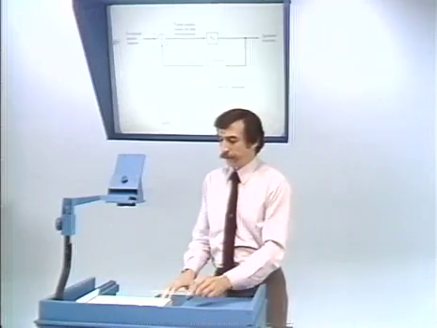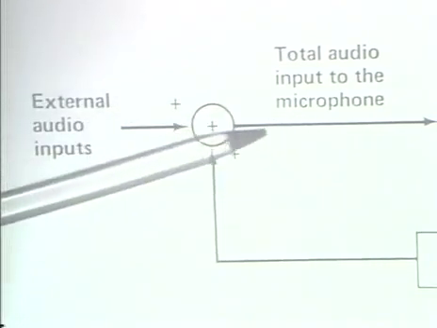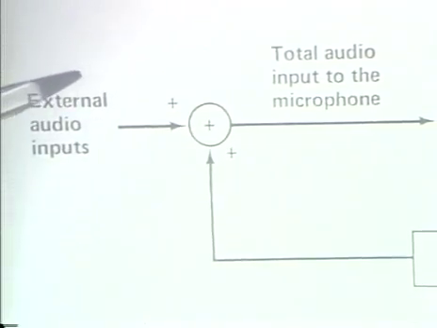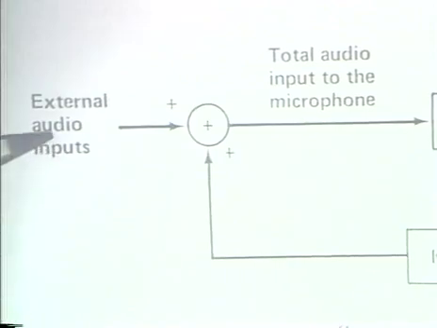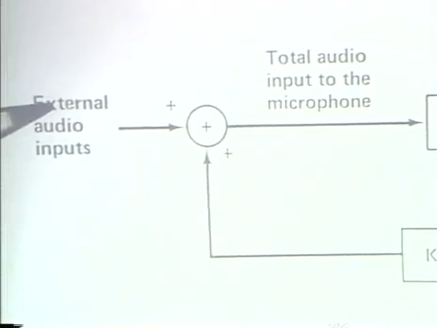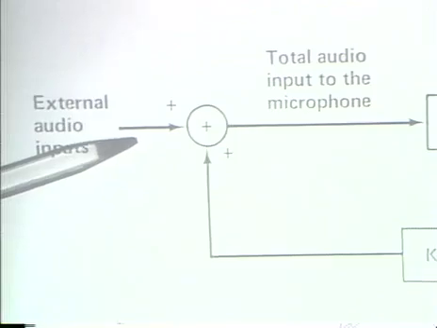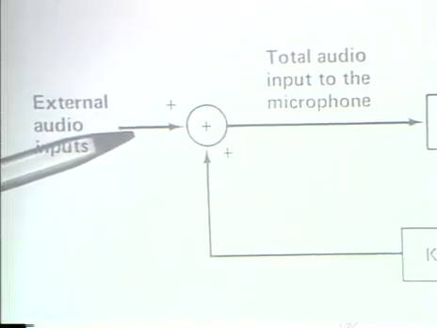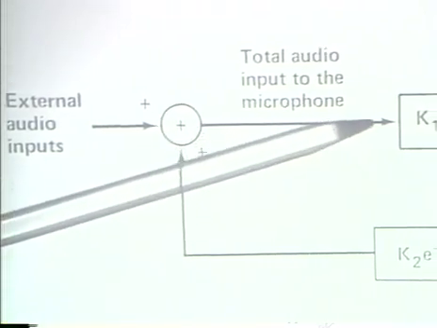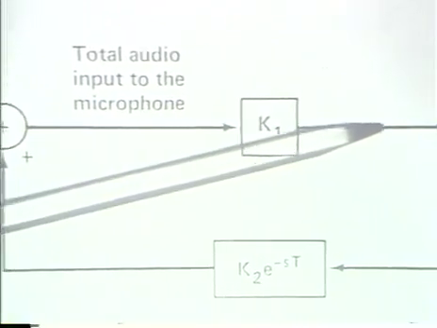First of all, the audio input to the microphone consists of the external audio inputs, which might, for example, be my voice, it might be the room noise, and in fact, as we'll illustrate shortly, if I'm not careful, might in fact be the output from a speaker, which represents feedback. That audio, of course, after appropriate amplification, drives a speaker.